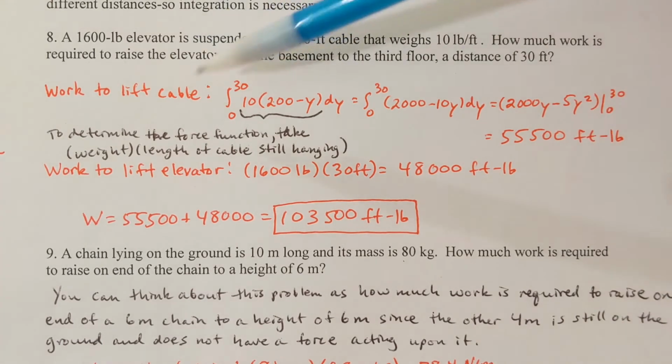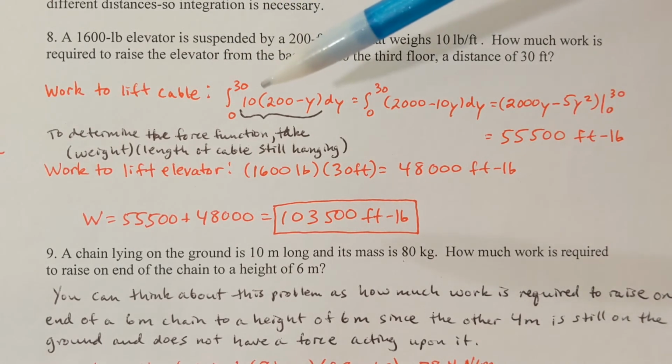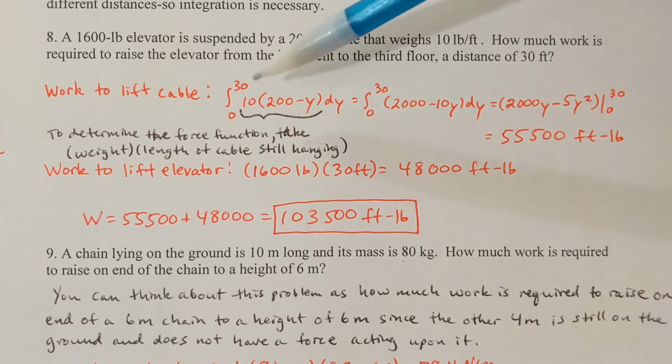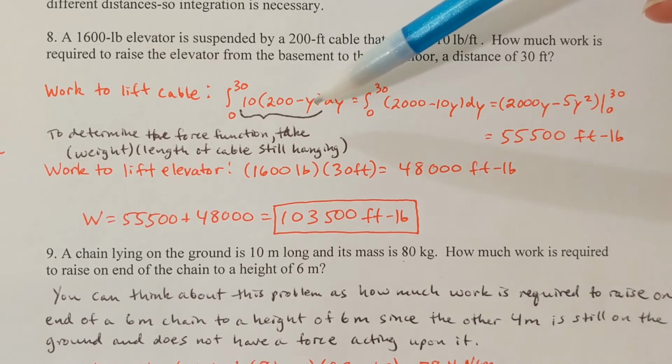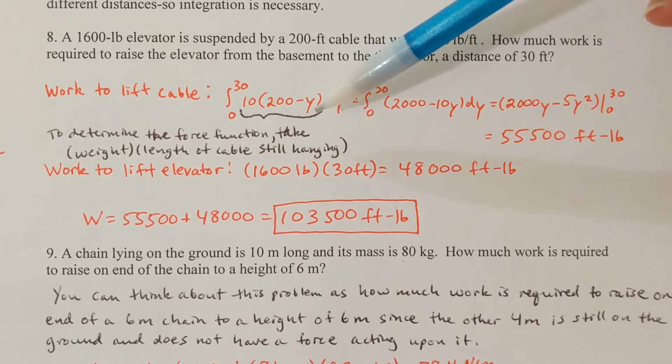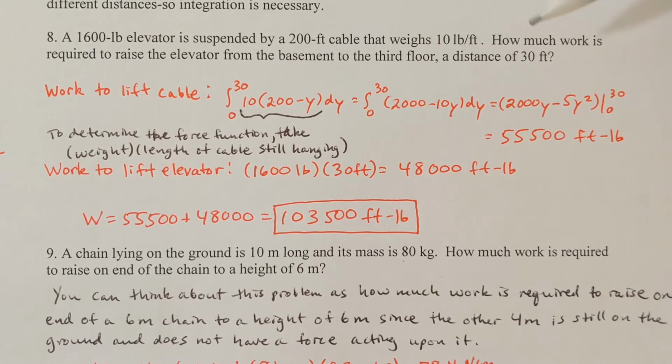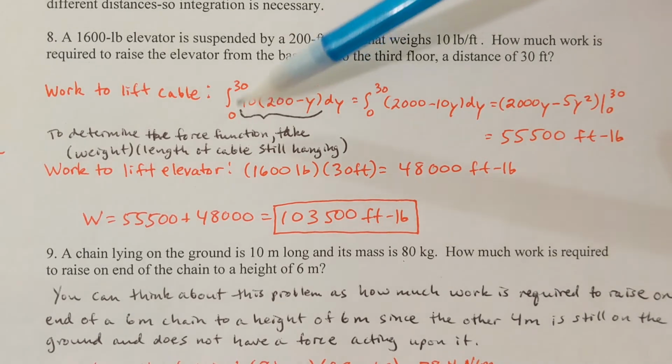Now how about lifting the cable? Well, the cable is a variable force. Since different sections of cable are going to be lifted, the weight is going to change throughout the problem. Now, when I set up my integral, I'm going to be integrating a force function where the units are going to be in pounds. We're lifting the elevator from the basement to the third floor, which is a distance of 30 feet.